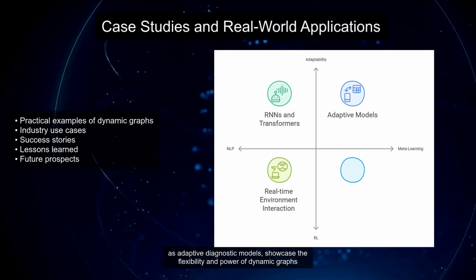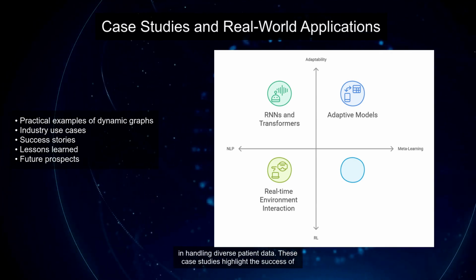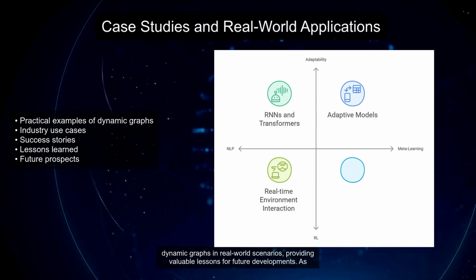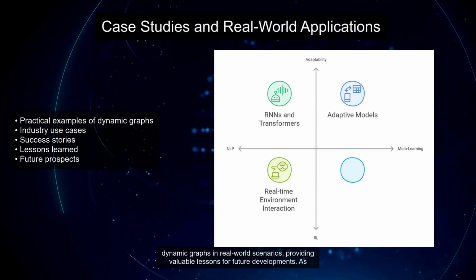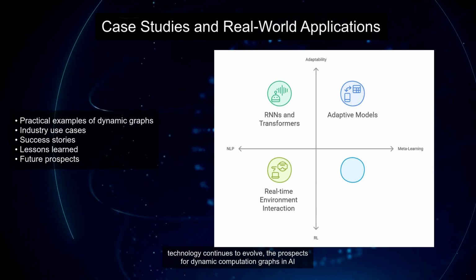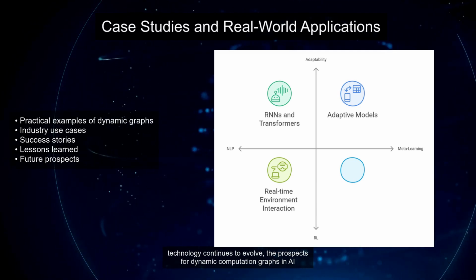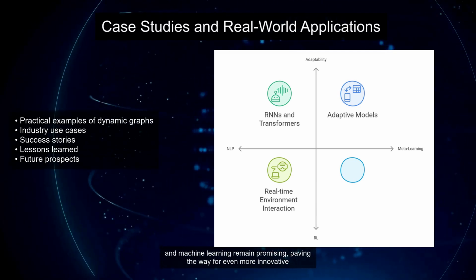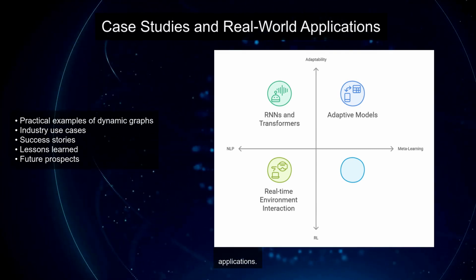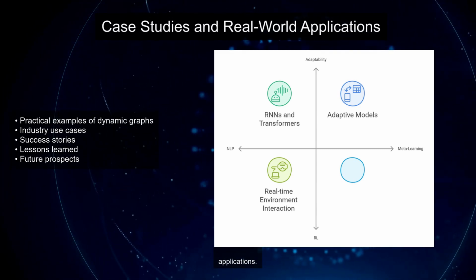Additionally, applications in healthcare, such as adaptive diagnostic models, showcase the flexibility and power of dynamic graphs in handling diverse patient data. These case studies highlight the success of dynamic graphs in real-world scenarios, providing valuable lessons for future developments. As technology continues to evolve, the prospects for dynamic computation graphs in AI and machine learning remain promising, paving the way for even more innovative applications.